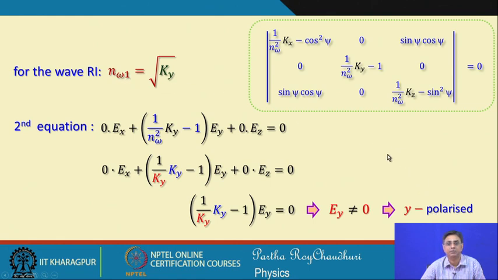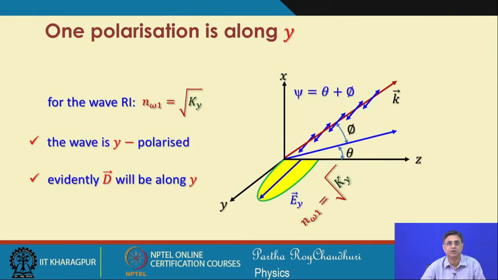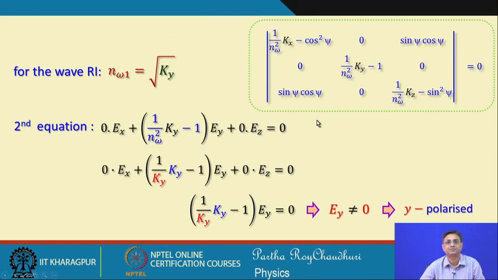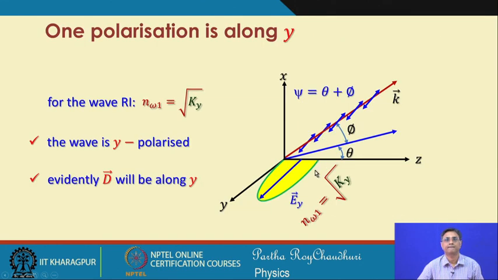So, one solution of this wave is very straightforward, that is, when the refractive index n omega 1 is equal to under root k y, then the wave is y polarized, and it sees the refractive index k y and it makes an angle.